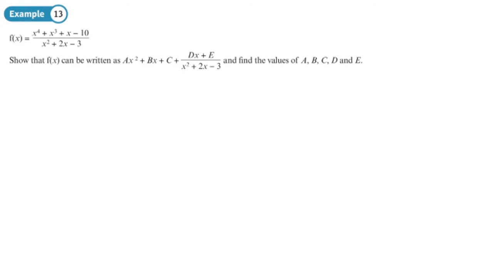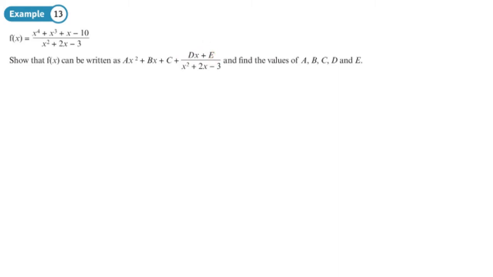Right, next one here. It's all pretty much the same type of thing. It shows us what form it should be given in. There's our quotient. We're going to have a remainder here, so we'll do long division.